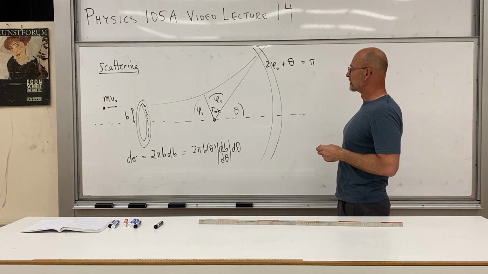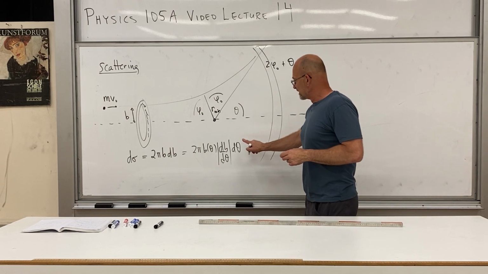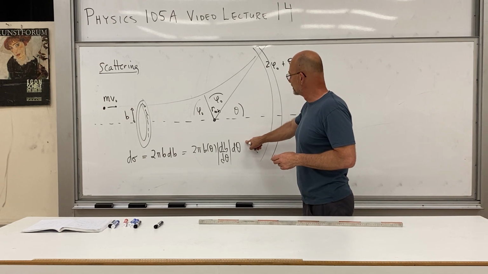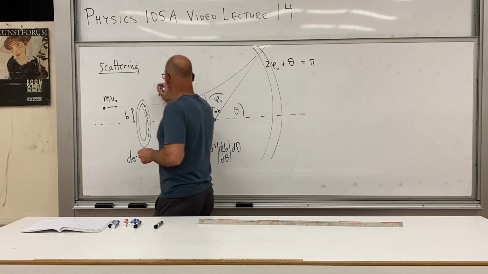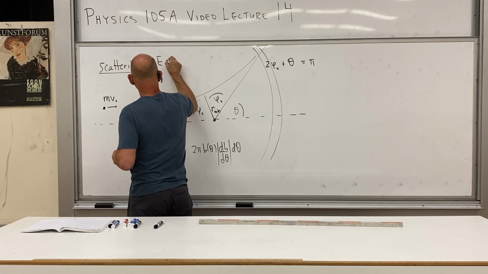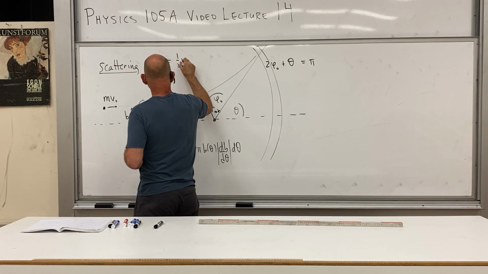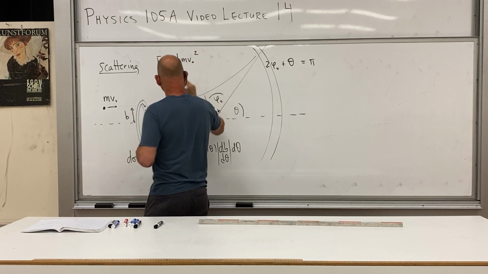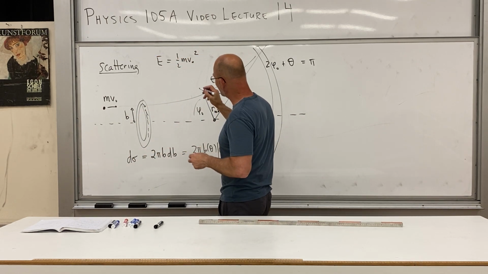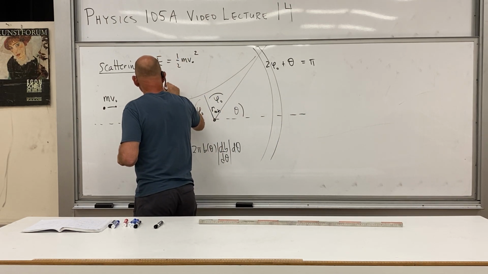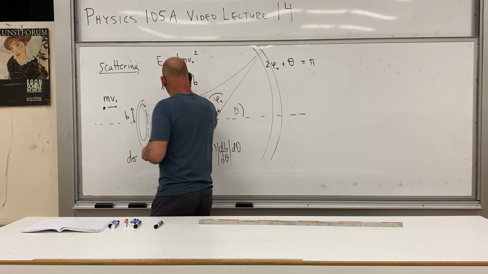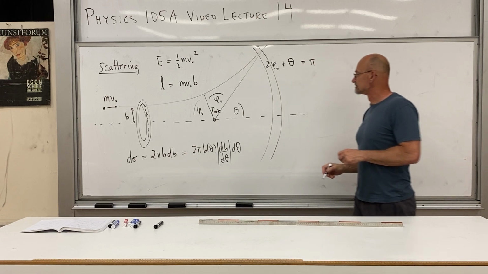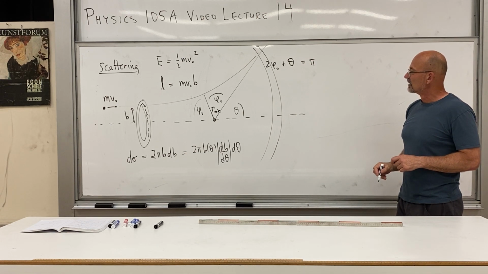Good, so what else do we have here? There's the expression we're going to try to find. We had energy was equal to 1/2 mv0 squared, because we're coming in from infinity, and we had angular momentum was equal to mv0 times b. Okay.